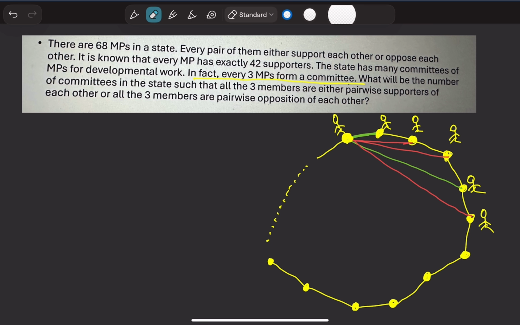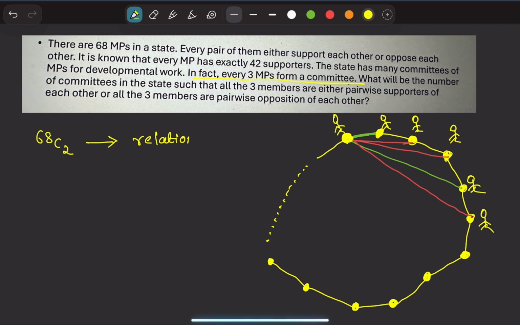So the number of relations is 68C2. So you have to choose any 2 MPs. So these many relations will be there. All right. So these are just the number of sides of the polygon plus the total number of diagonals of the polygon. When you sum those two things up, you will get 68C2.